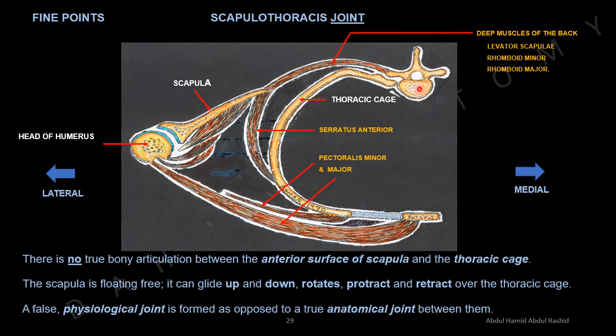These are the vertebral columns at the back. It is attached by a series of ribs forming the thoracic cage. Anteriorly, it is attached to the sternum. So if you see very carefully, there is no true bony articulation between the scapula and thoracic cage.